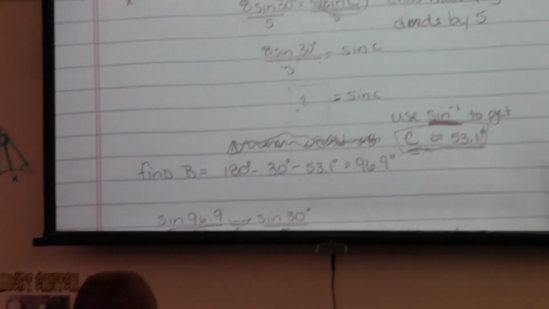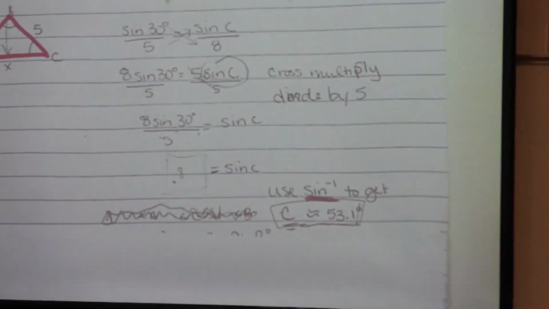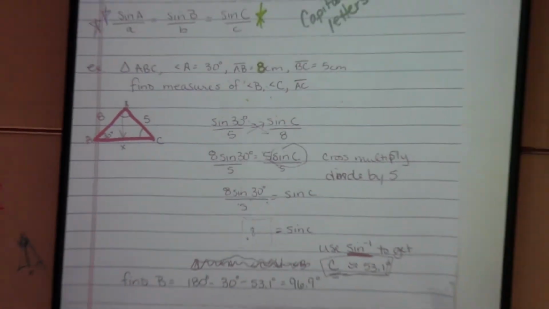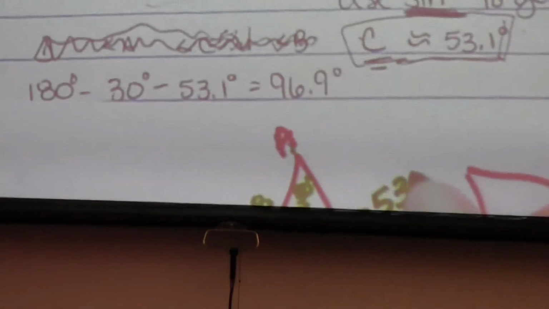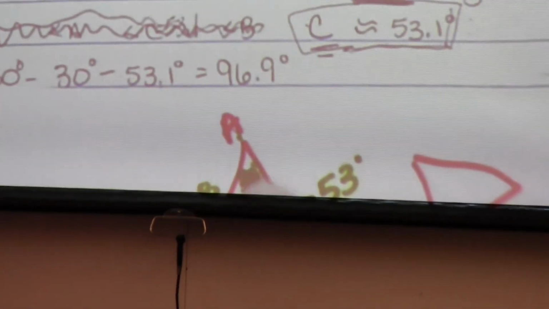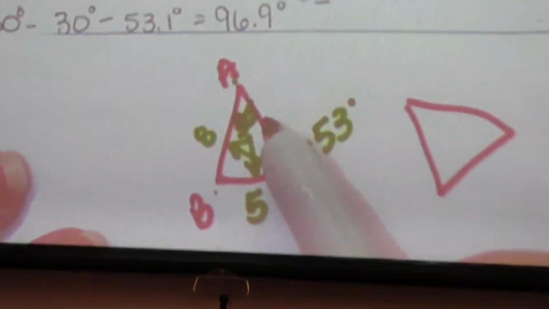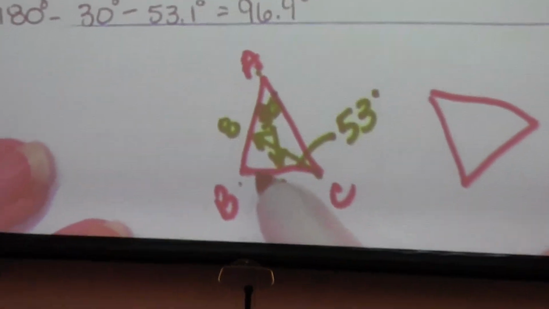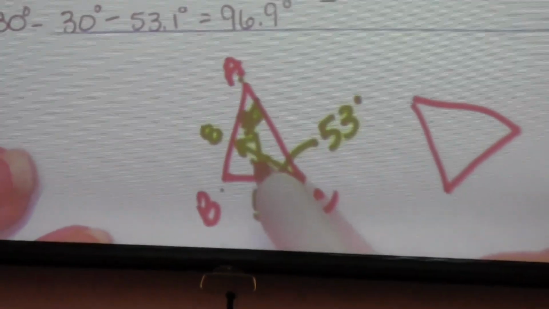Once I have that particular lovely angle, I plug that into my triangle here. So this angle equals 53-ish. This angle equals 30-ish. So if this is 30 and this one's 53, we can find B by just subtracting from what again? 180.